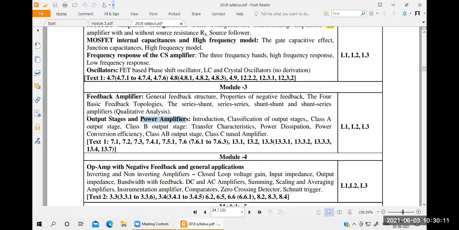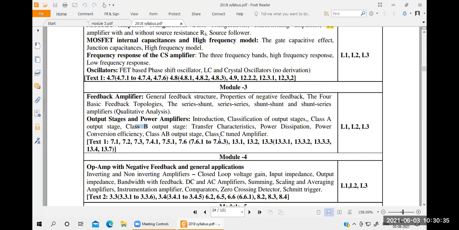Understood? Here, what are the different types of power amplifiers? Class A amplifier, Class B amplifier, Class C amplifier, Class AB amplifier, then Class D amplifier. Total there are 5 power amplifiers. This is very important. Remember this one.